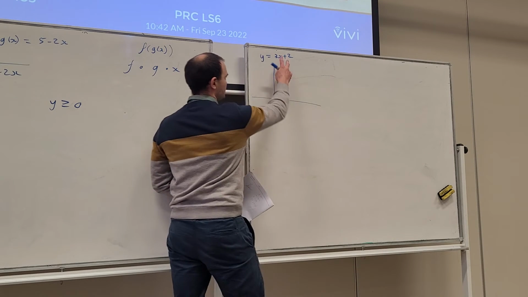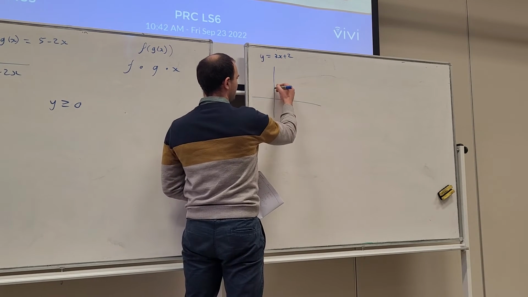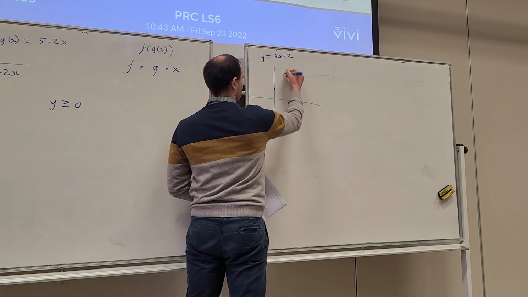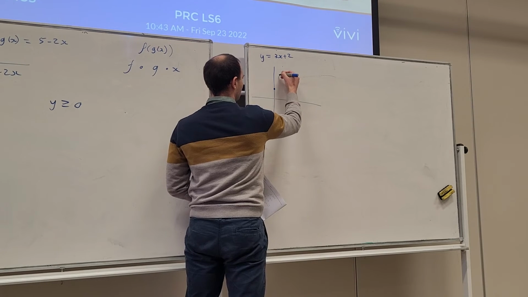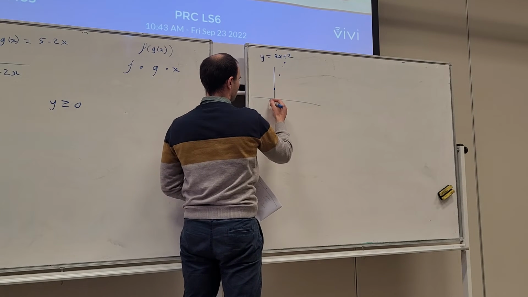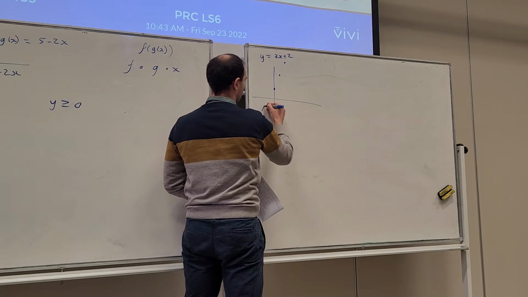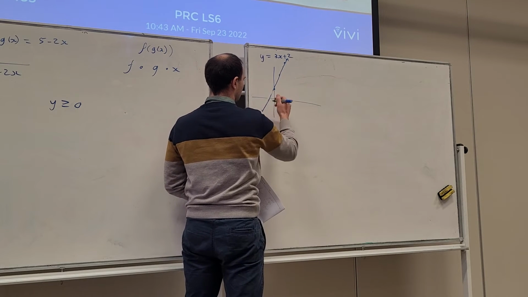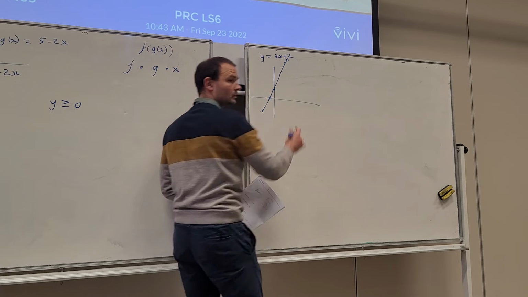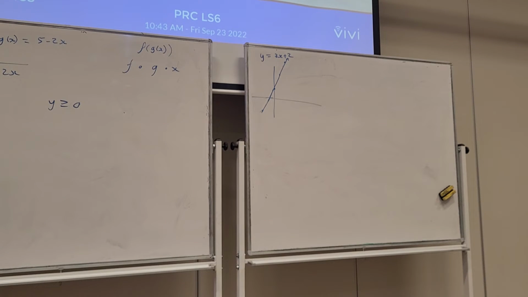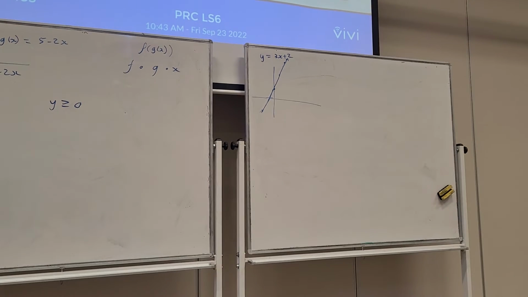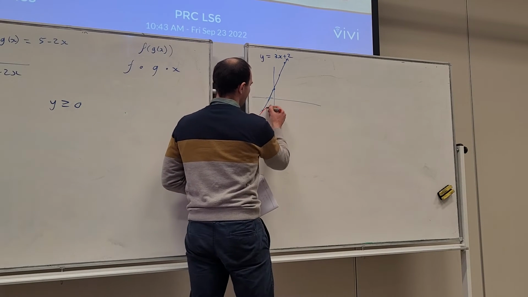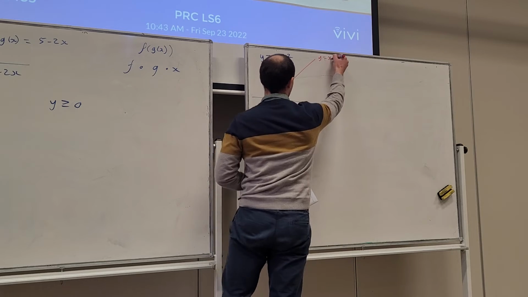If we have 3x plus 2, we have a y-intercept of 2 and a slope of 3. That means we go across 1 up 3, across 1 up 3. So it's got quite a steep slope, and it's going to look something like that. Now, the inverse function has to be the mirror image about the line y equals x.